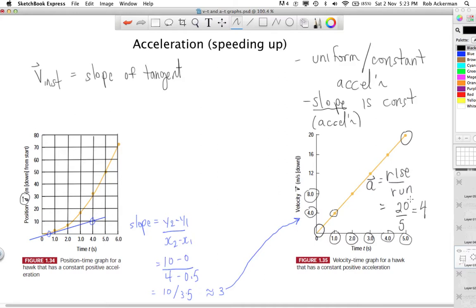The units are meters per second down. That's from this. And in the denominator, they are, of course, seconds. That's from this. So this will give me 4 meters per second, or 4 meters per second squared, letter D for down in square brackets. And so that's my acceleration.